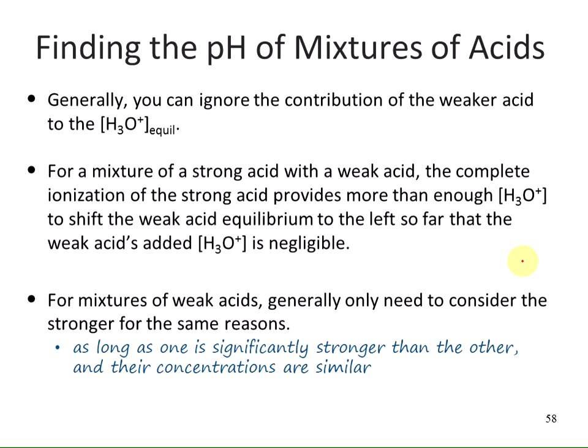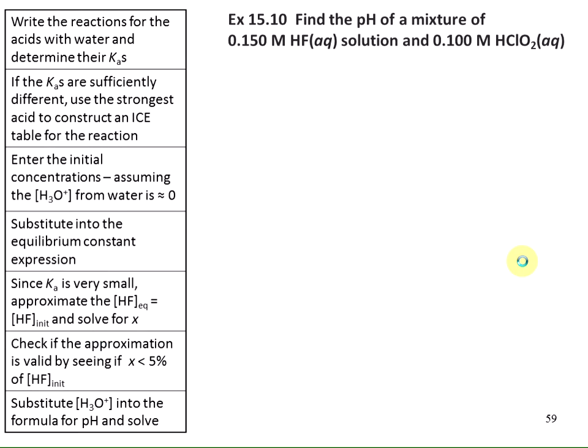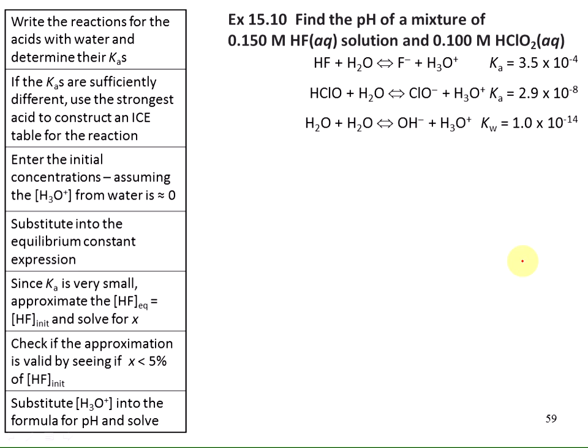Let's look at finding the pH of a mixture of 0.15 molar HF, which is a weak acid, and 0.1 molar HClO2. So we're writing down the equilibrium reactions for each of the reactions involved. HF combining with water to make the F minus and the hydronium ion, the hypochlorous acid dissociating its proton to form the ClO4 minus, and then the autoionization of water.